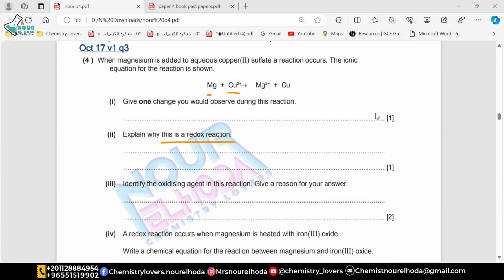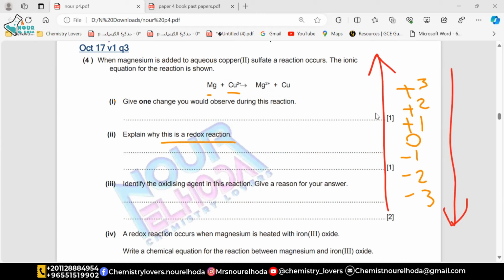How should I know why it's a redox one? So what should I do? I need to write 0, plus 1, plus 2, plus 3, and here minus 1, minus 2, minus 3. This is the best way to do redox reactions. Going up is oxidation, going down is reduction.